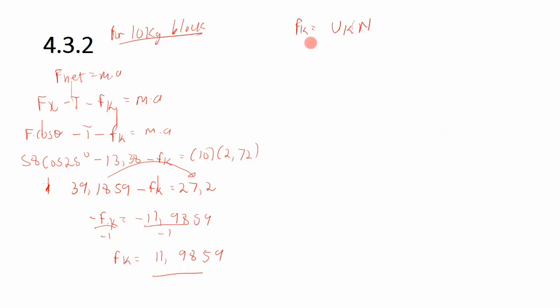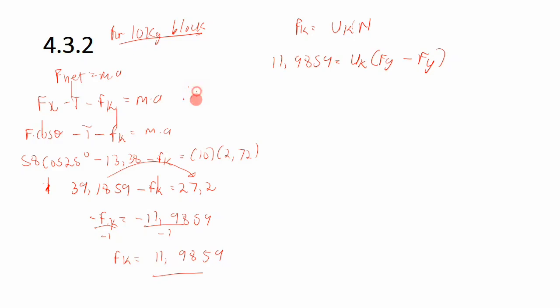So now we will have Fk is 11.9859. Then we have our mu k here. Then the normal force is the gravitational force minus the vertical component of the applied force.